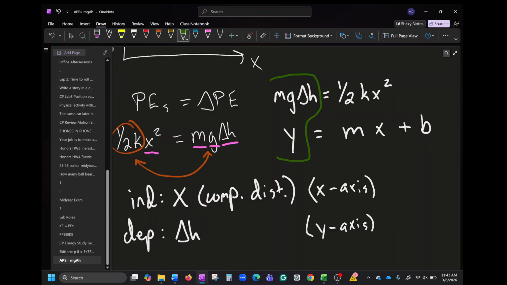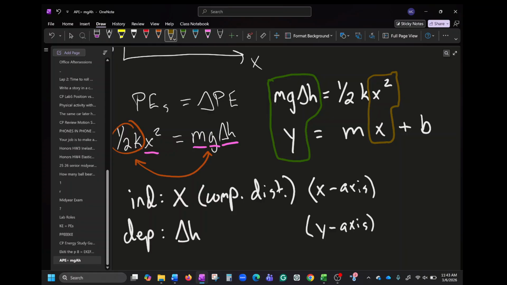We are going to line up certain parts of the physics equation that governs how the system works with parts of the slope-intercept form.